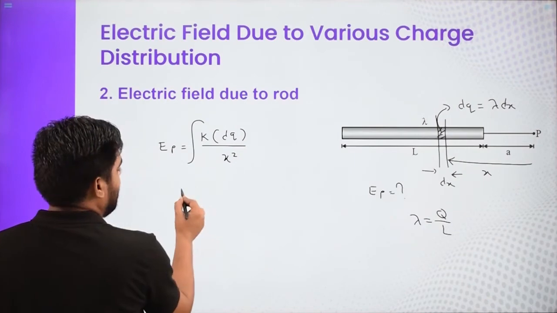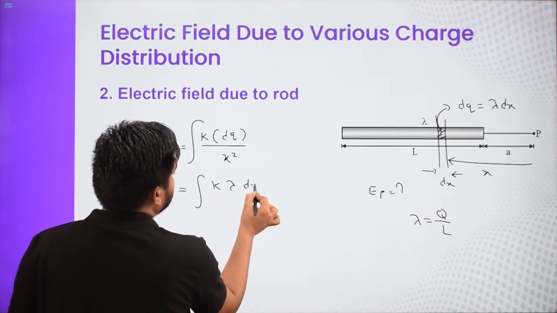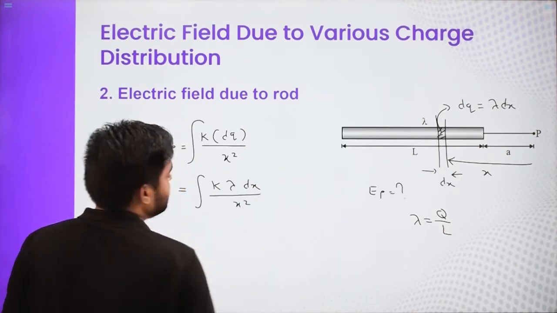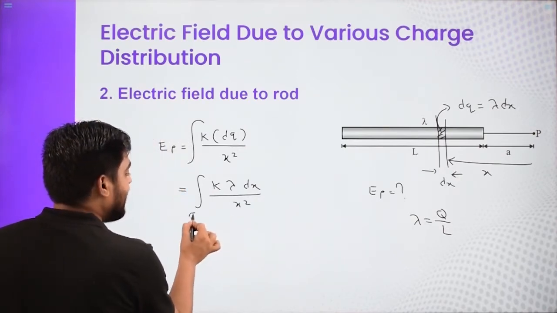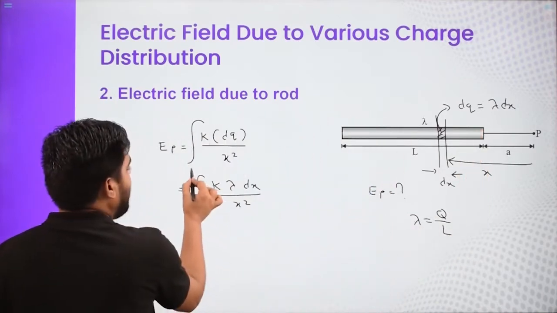Now I'm just putting the value of dq. So lambda dx divided by x square, and the limit on x changes all the way from a to a plus L, so the entire rod will be covered.